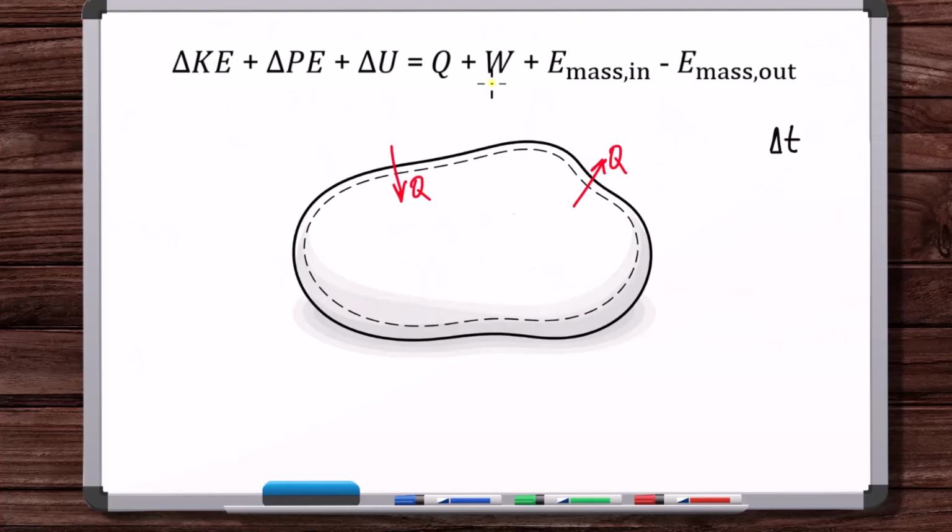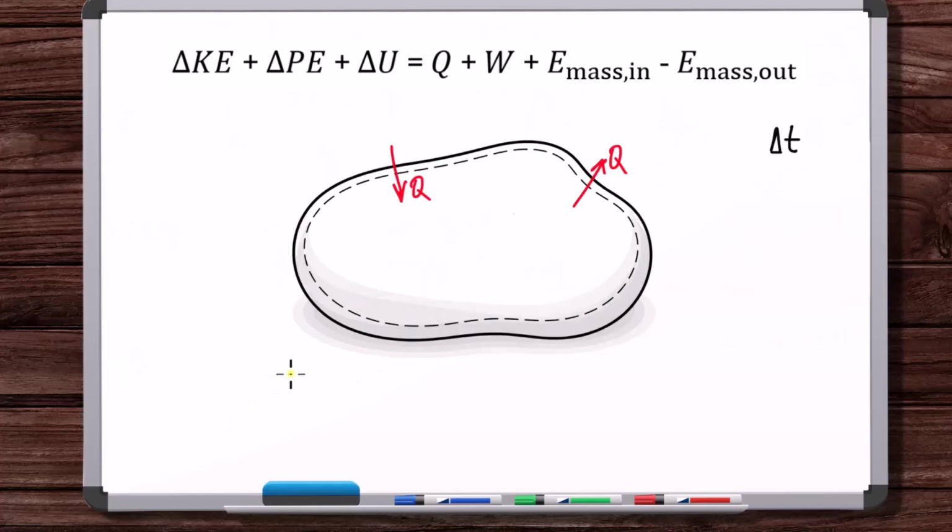All right, so now what about work? What is work? Well, in the previous video, talking about what is energy, we talked about how energy can be viewed from two different perspectives. One perspective is the kinetic and potential energy perspective, and the other perspective is the force acting over a distance perspective.